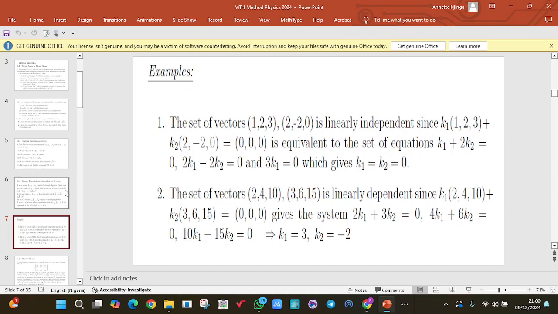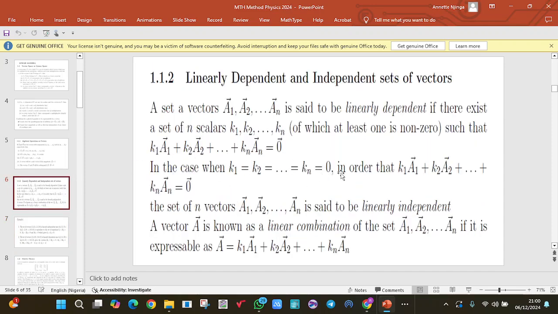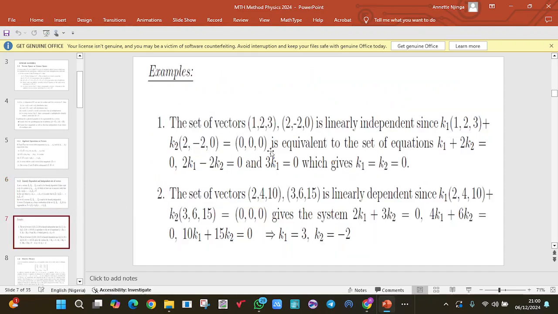Is that clear? How many sets do we have here? n sets. This is vector 1, vector 2, up to n. Here we only have two sets, so we only have k1 and k2. When you solve this problem, you realize that k1 is equal to k2 and is equal to 0. Is that clear? Yes, sir.